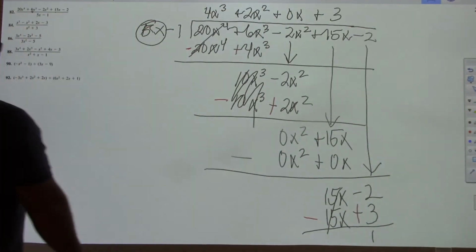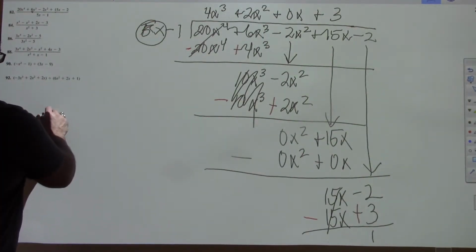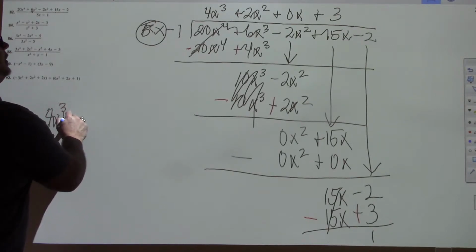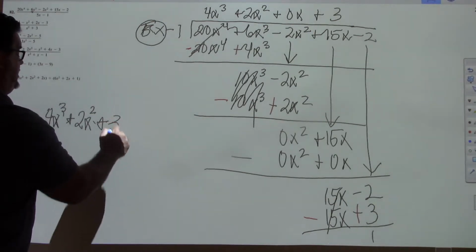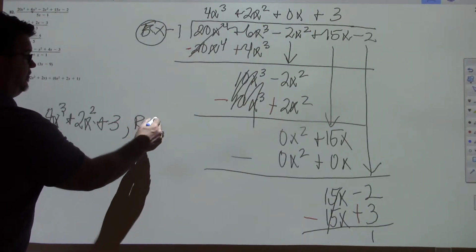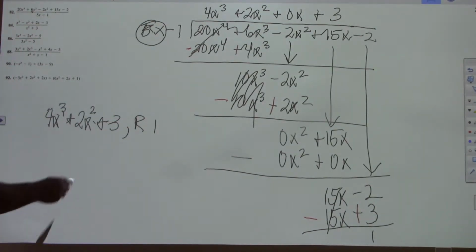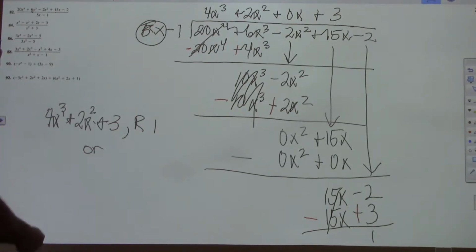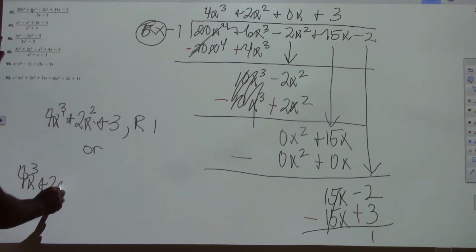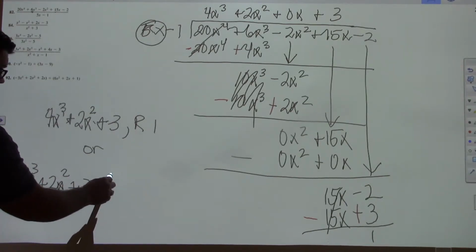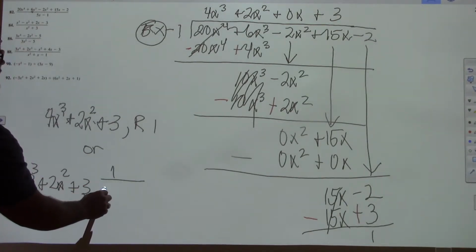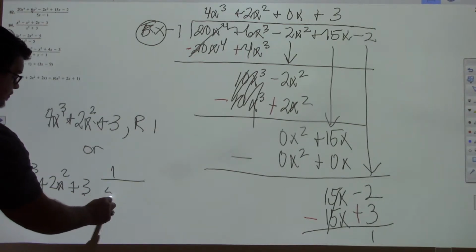So your answer is 4x cubed plus 2x squared plus 3 with a remainder of 1, or 4x cubed plus 2x squared plus 3 with 1 over 5x minus 1.